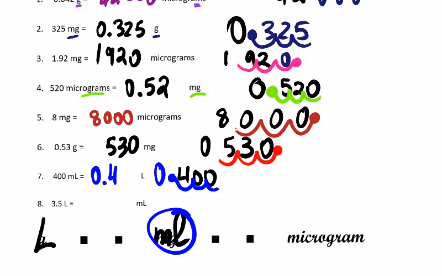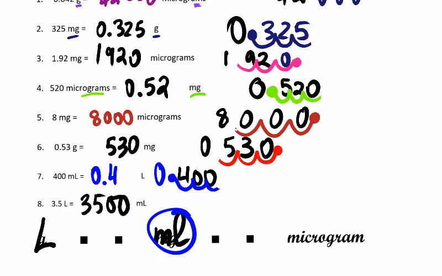And last one, from liters to milliliters, the other way around. 1 liter has 1,000 milliliters, so we could even just do this one by inspection. If it's 3.5 liters, it's 3 full liters and a half, so we could say 3,500 milliliters, or count the spaces, 1, 2, 3.